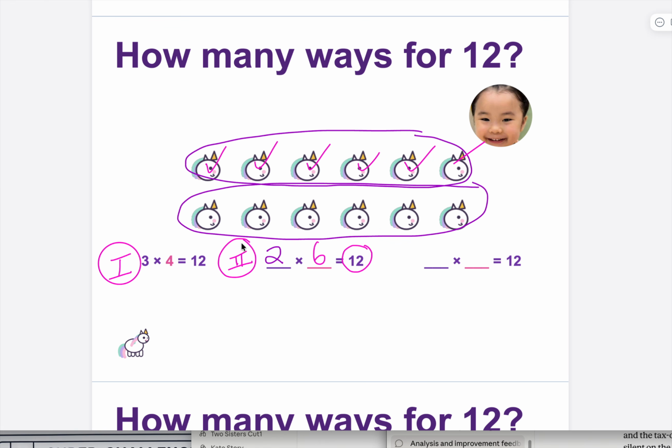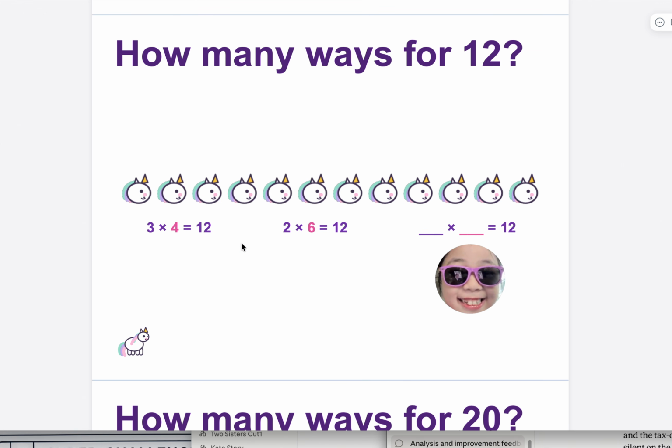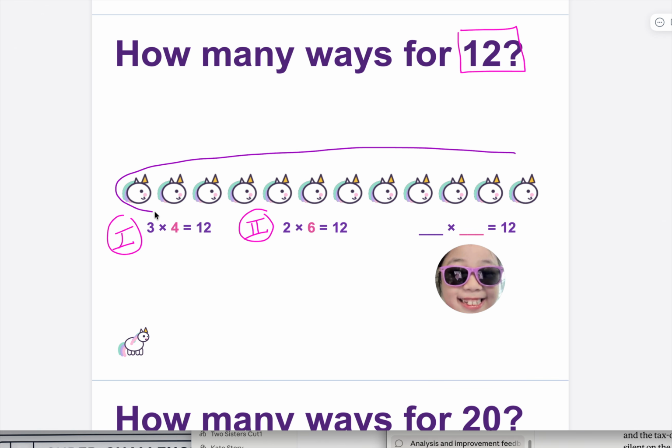Let's show this one more time, Kate. Look, Belle's smiling at you. So here's the third one. We already showed 2 different ways to make the number 12. The third way is, well, we have 1 group right over here, Kate. So Daddy has 1 group. How many unicorns are in that group?